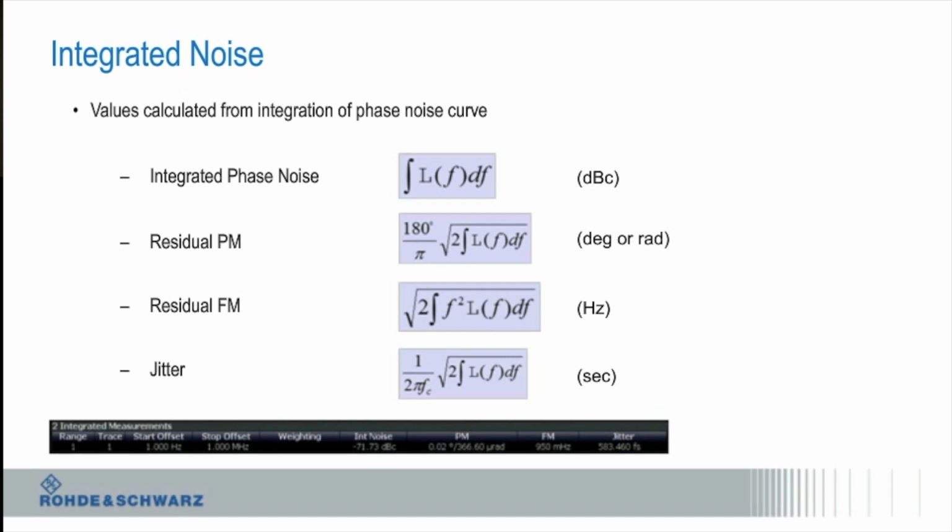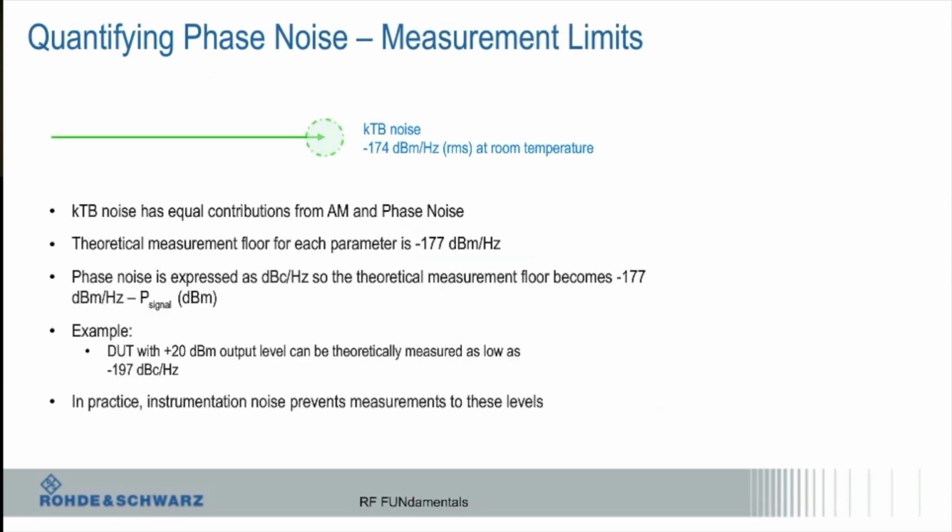But remember, jitter is in seconds, and phase noise is in L of f, which is really 1 over second. So, measurement limits. I talked about that little cloud of the error vector, right? kTB is minus 174 dBm per hertz at room temperature. But that actually has an AM and a phase component, so there's an amplitude and a phase noise component.